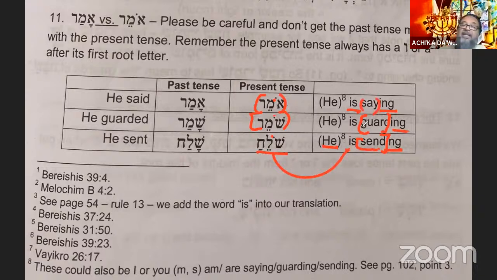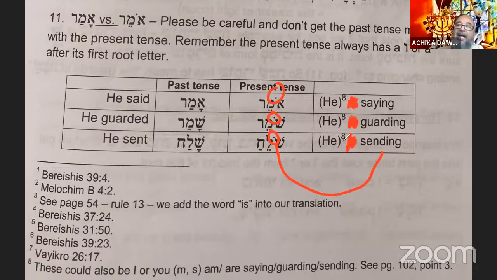But when I want to make it the -ing, they put that dot over there. Saying, guarding. So that's all this means, an -ing. There is no word for is in Hebrew, as you learned. That is implied. The reason it's he in these parentheses here is simply because it's three letters and there's nothing added to it, but you know that it's present tense because of this particular dot right here. That's how you would know.